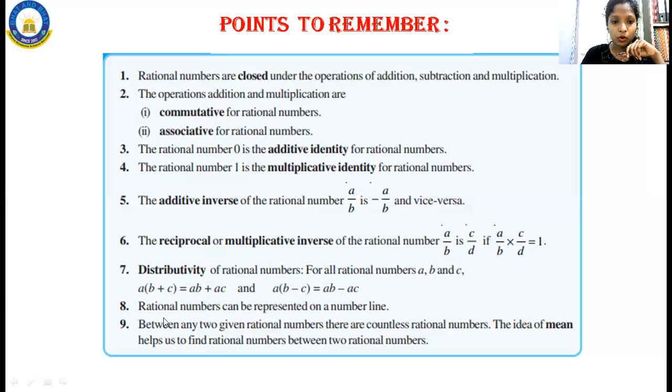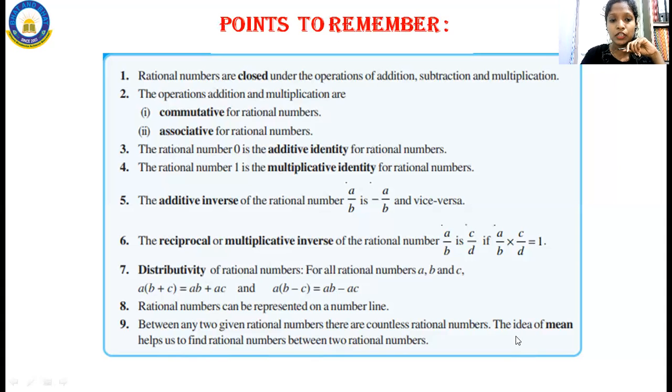Coming to the eighth point, rational numbers can be represented on the number line. We have studied that. And see the ninth point: between any two given rational numbers, there are countless rational numbers. For example, between 0 and 1 there are countless rational numbers. We studied 1 by 8, 2 by 8, 3 by 8 and so on up to 8 by 8.